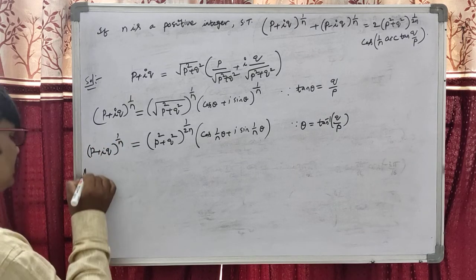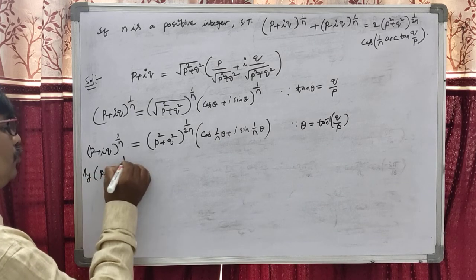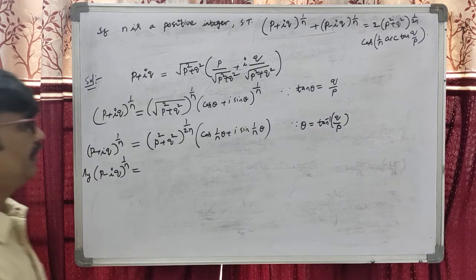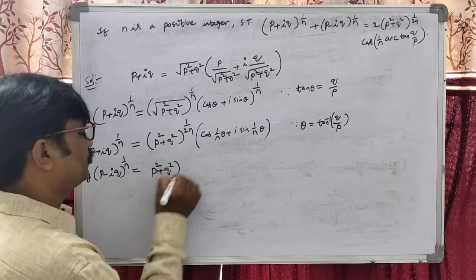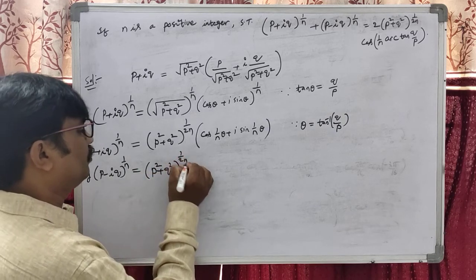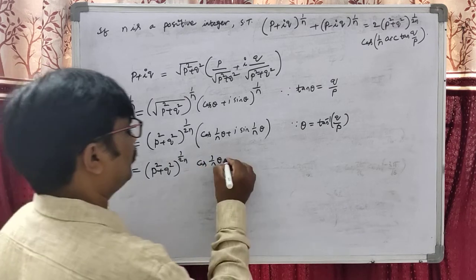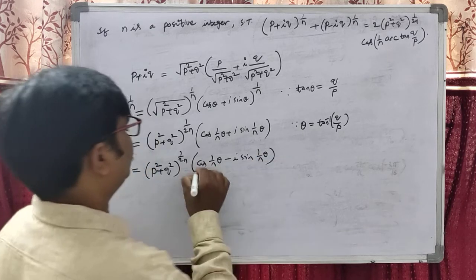Now students, similarly (p − iq)^(1/n), that is, students, (p² + q²)^(1/2n) [cos((1/n)θ) − i sin((1/n)θ)].